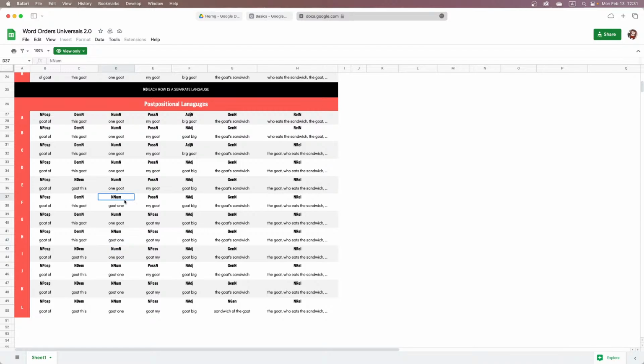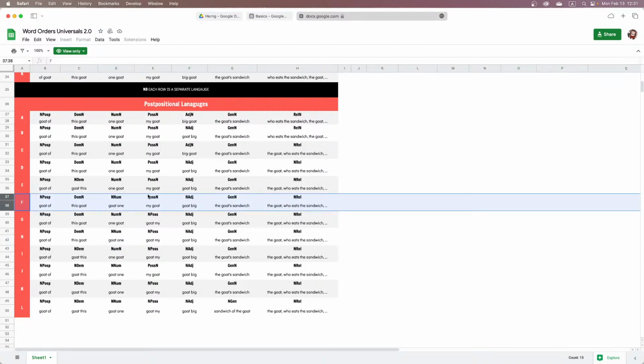And the first one that appears is this one here, which would mean we'd have demonstratives before the noun and adjectives after the noun.